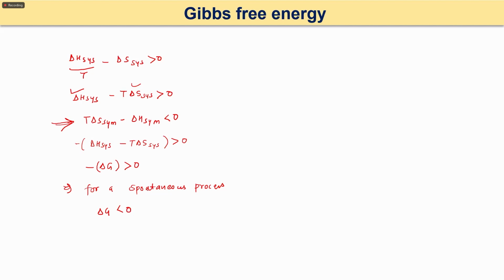That means your delta G, which is delta H minus T delta S, will be less than 0 for a spontaneous process.